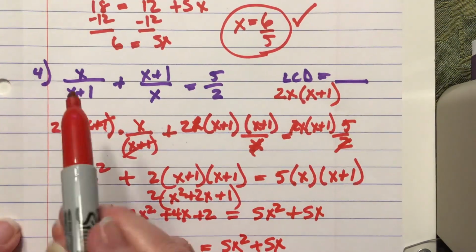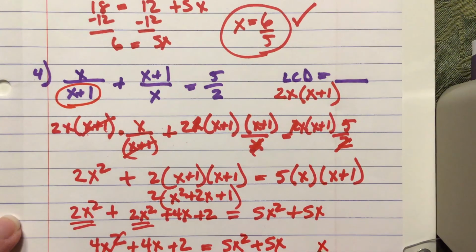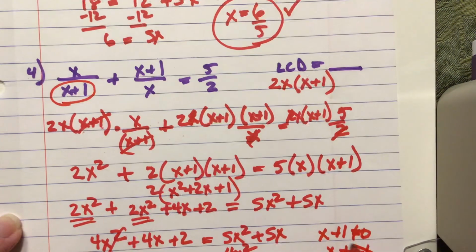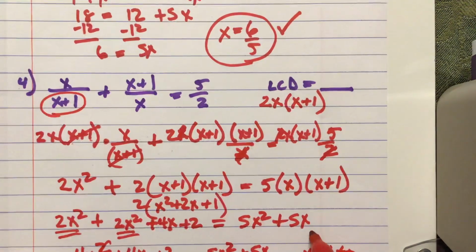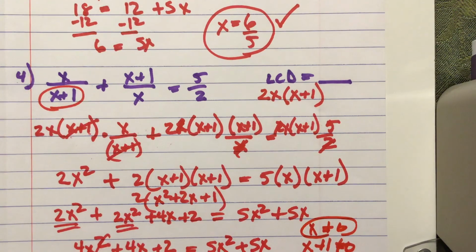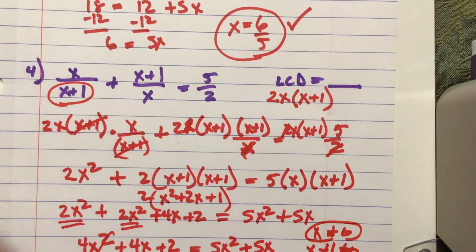If I look at this first denominator, that cannot be 0. So x plus 1 cannot be 0. So x cannot be equal to negative 1. And in this case, x cannot be equal to 0. So I have in my answer here 1 and negative 2. So neither one of those are my restrictions, so they're both good answers.